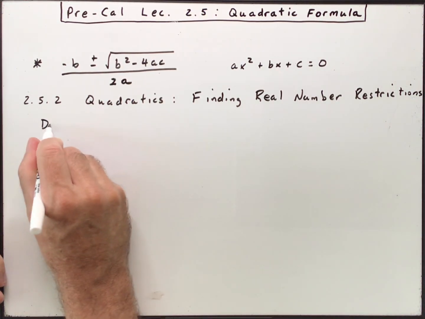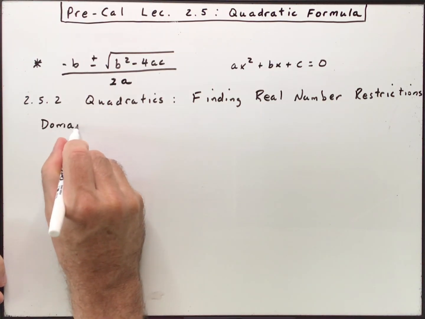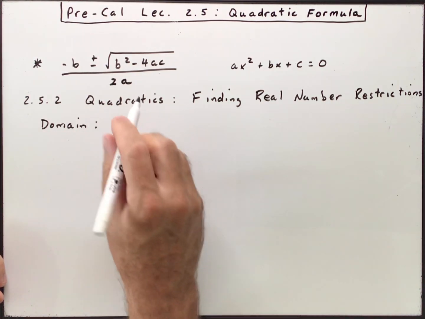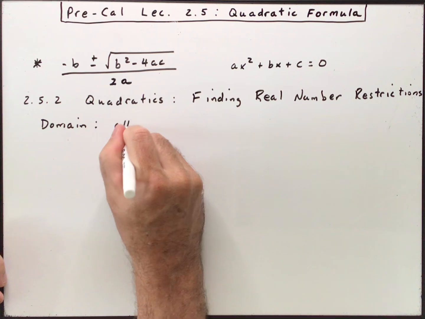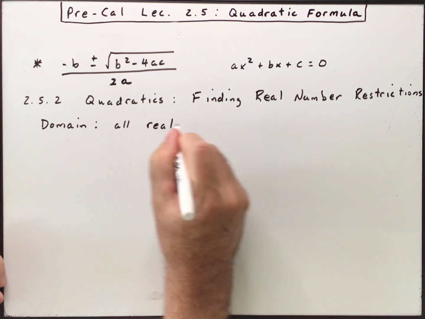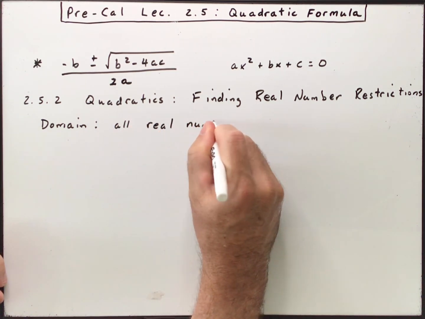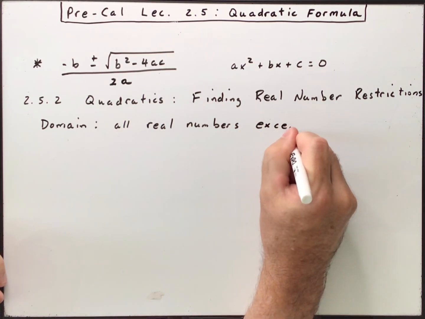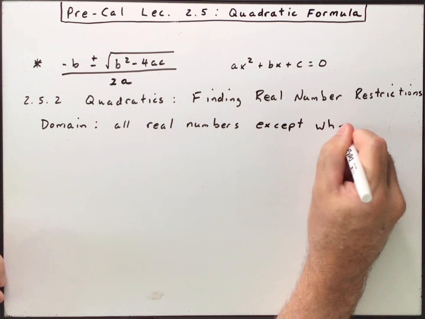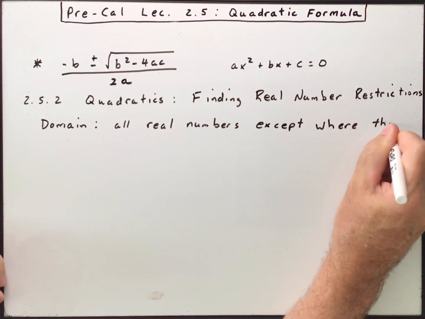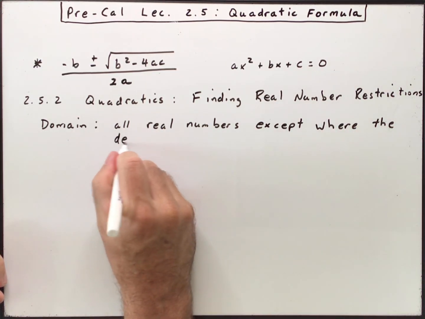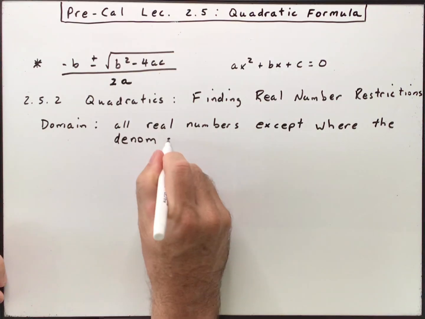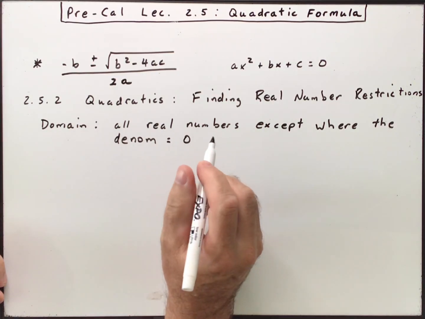So remember from a previous lecture in chapter 1, the domain is all real numbers except where the denominator is equal to 0.